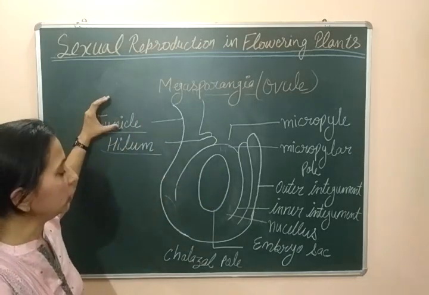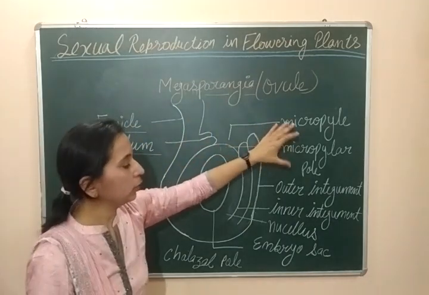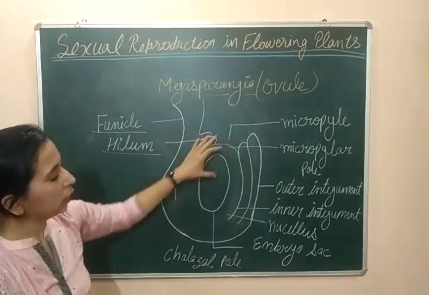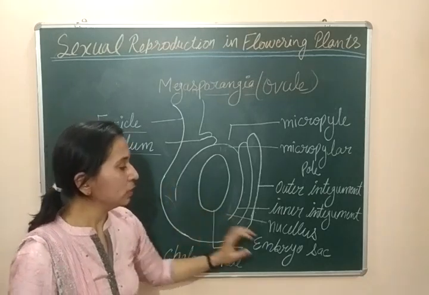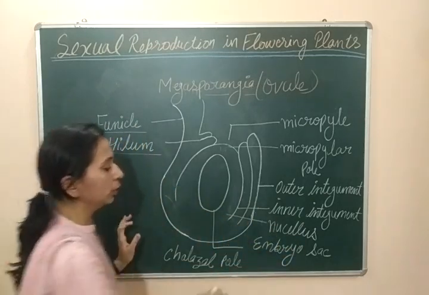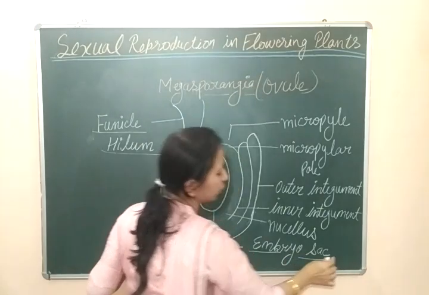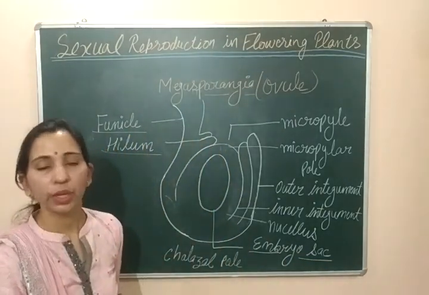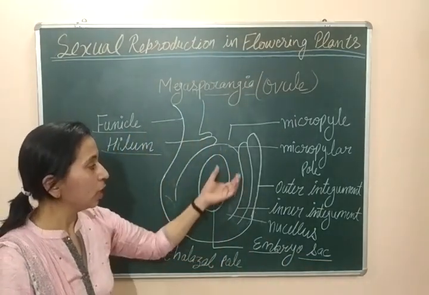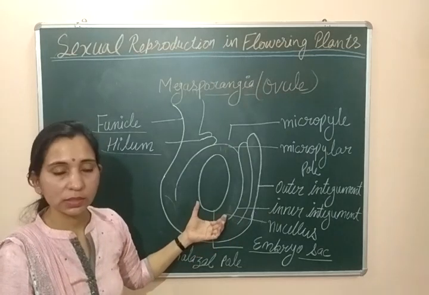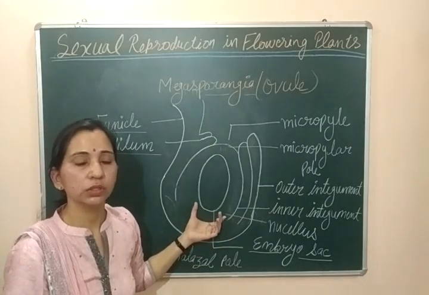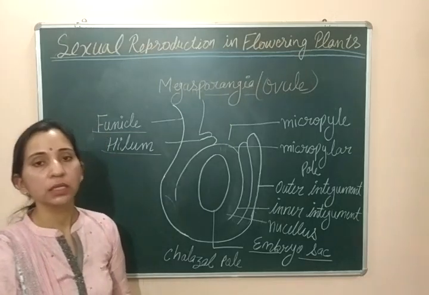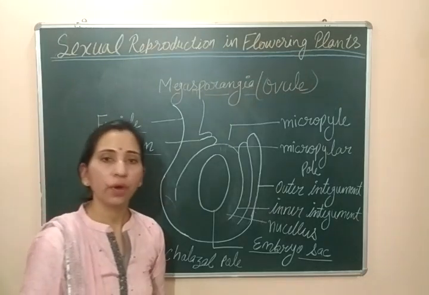We discussed funicle, hilum, then micropyle and integuments, and inside these integuments is a tissue, that is the nucellus. Inside the nucellus, one important part is present, that is the embryosac, and this embryosac is also known as female gametophyte.